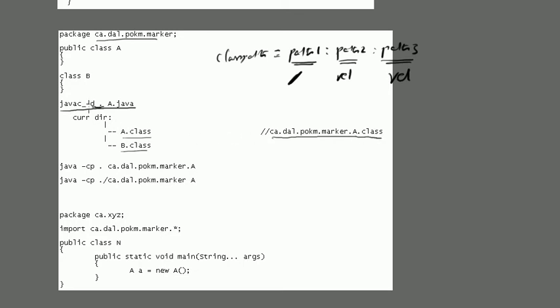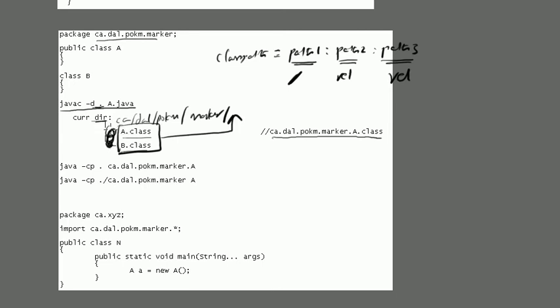So what happens when I do this is that within the current directory, there'll be a folder generated, which is ca, the subfolder dal, the subfolder pocum, the subfolder marker, and then these class files would be placed right here.